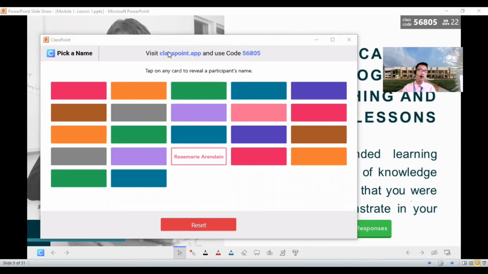Kasi usually ang ginagawa natin, this is also a reflection on my part before, during sa training namin, nakita ko na this is actually what I performed. Once I search on the net, yung lumabas na related, yun na talaga ang gagamitin ko. But it should not be like that. You have to look for those credible sites na talaga nagpipresent ng data or ng information na pwede nating kunin.